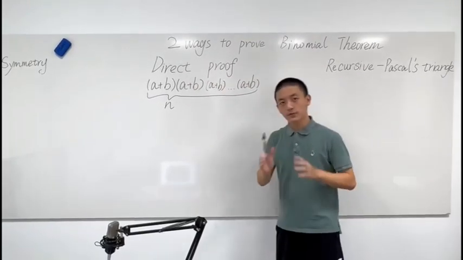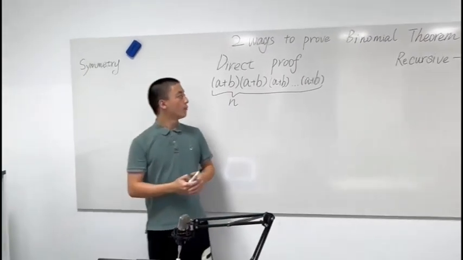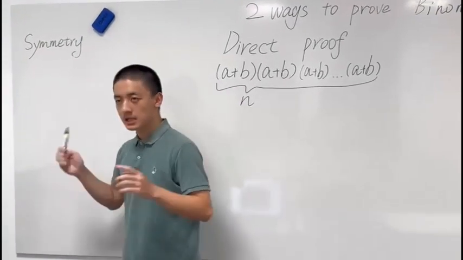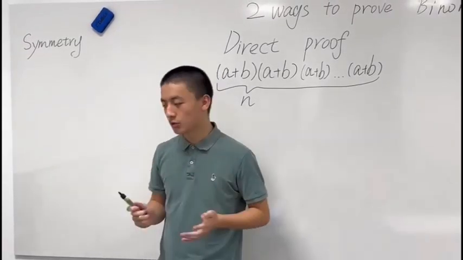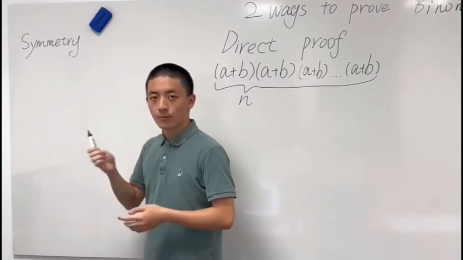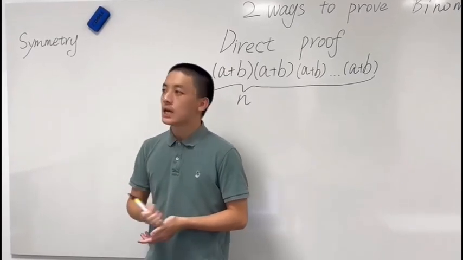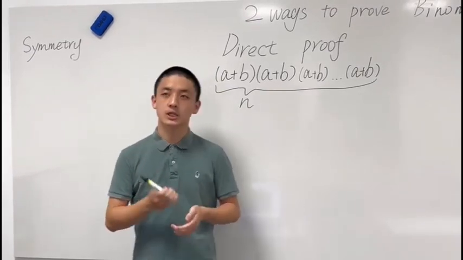First of all, I will prove the coefficient of binomial expansion is symmetric. So first, everyone must know that the sum of the powers of A and B is equal to the power of the binomial, which is n.